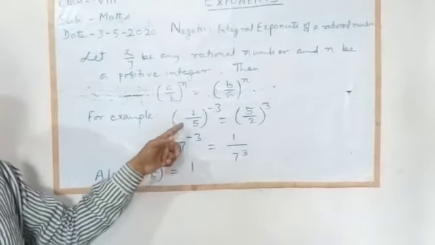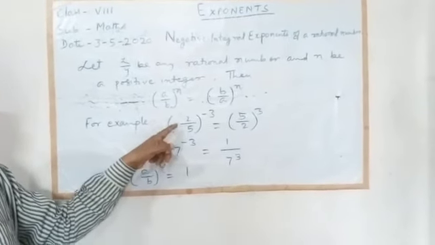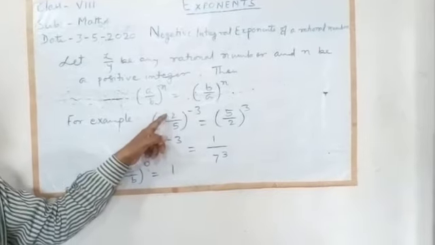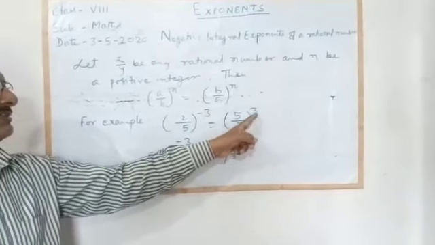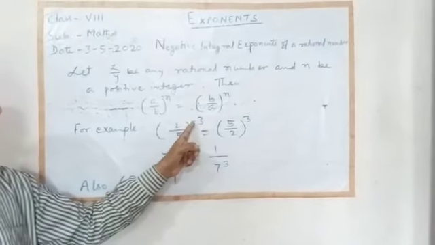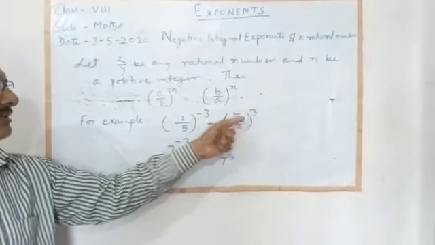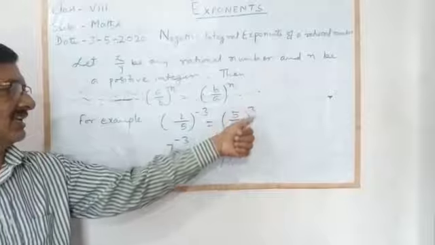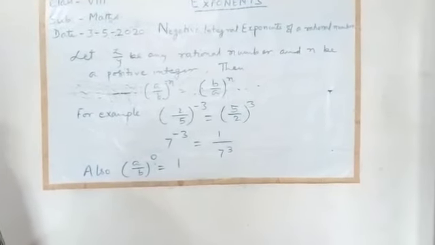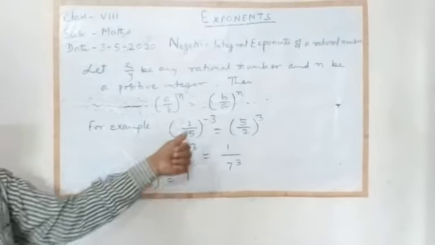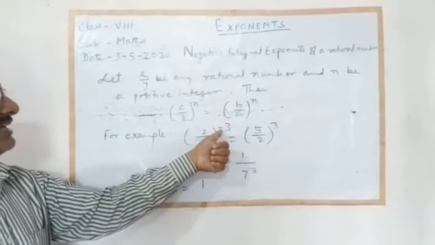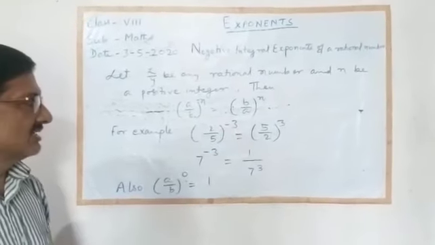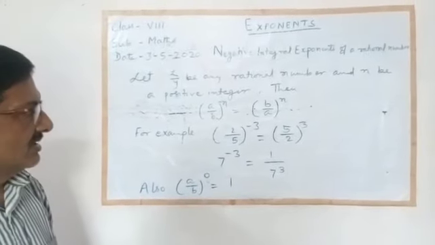Here we have made the reciprocal of 2 by 5. Reciprocal of 2 by 5 is 5 by 2 to the power 3. Now its negative sign is removed here, so it is positive 3. So in this way we can remove the negative sign of exponents by making its reciprocal.